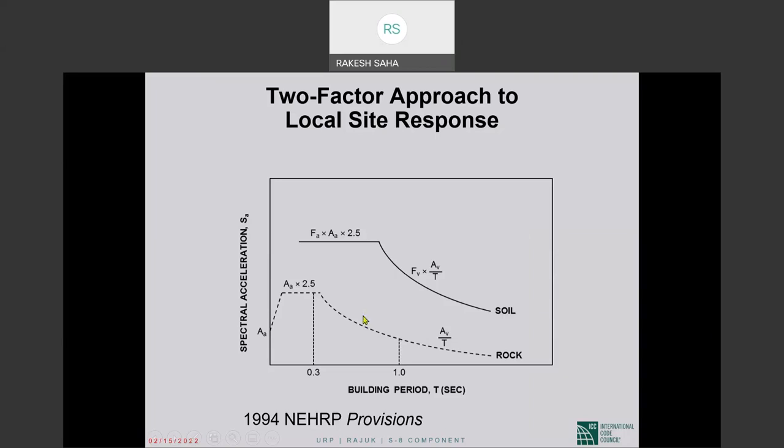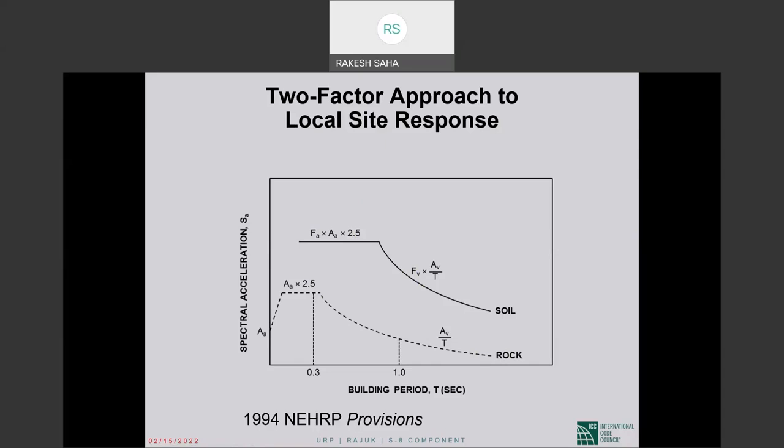So the 1994 NERP provisions proposed that this part of the design spectrum, the constant acceleration part, be amplified by site coefficient F sub a, the short period, acceleration related site coefficient, and that this part of the spectrum be amplified by a different site coefficient, a velocity related, long period site coefficient, F sub v.